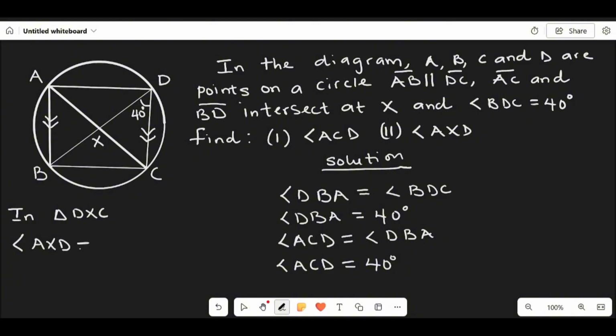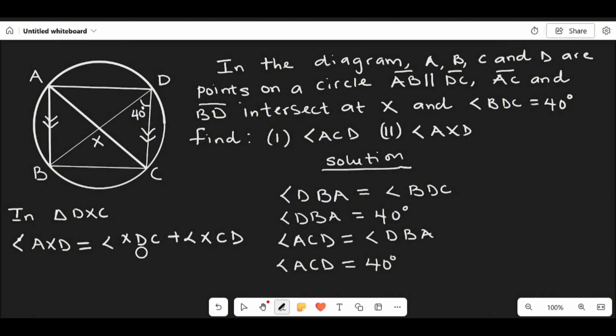So we can say angle AXD is equal to angle XDC plus angle XCD. And in our diagram, our angle XDC is 40. Our angle XCD is also equal to angle ACD, which is 40 degrees.